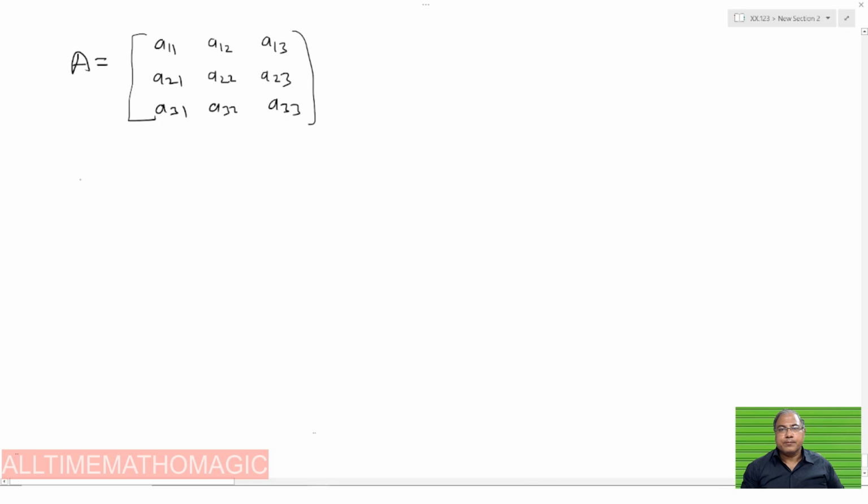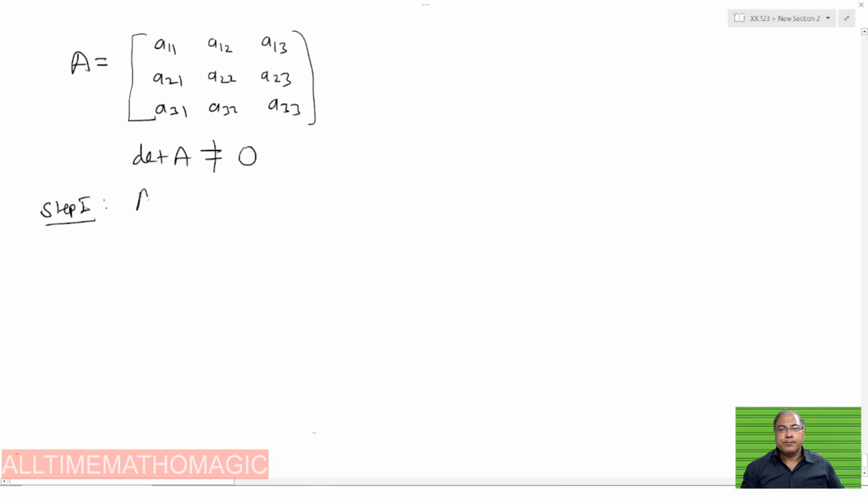Before starting the problem, please check the determinant. Determinant of A must not be equal to 0. If it is equal to 0, there is no question of finding the adjoint. So step number 1, you have to find the determinant and check whether it is equal to 0 or not. Now step 2, we have to find cofactors.